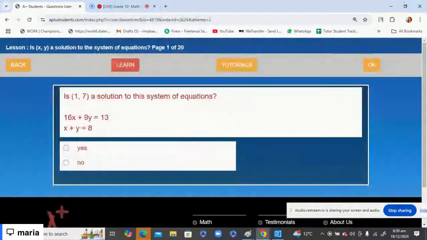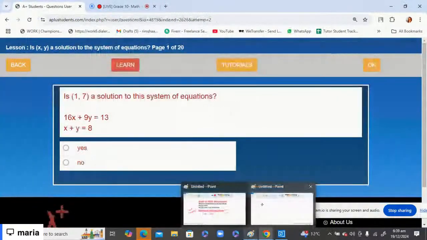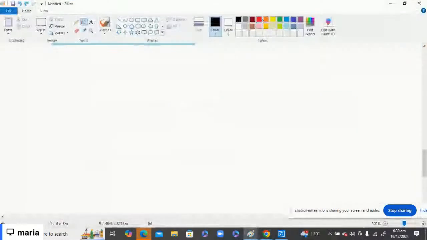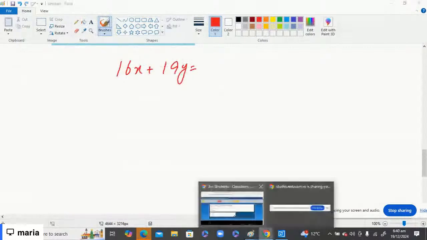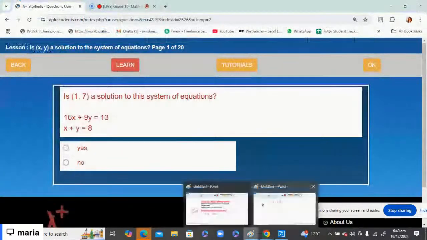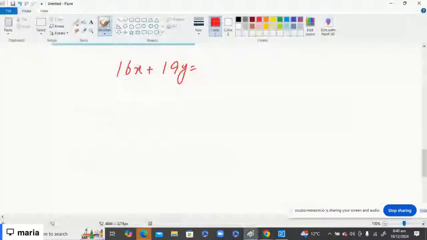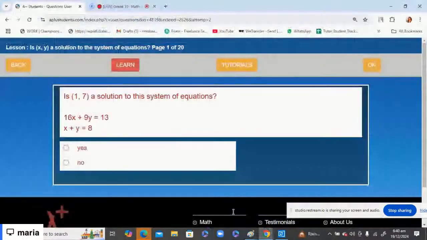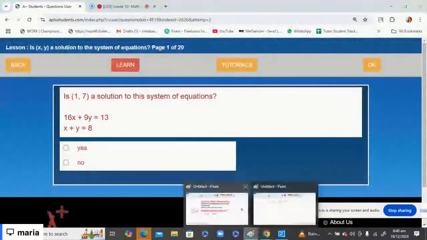So 16x plus 9y equals 13. Now, is 1 and 7 a solution set of this one?